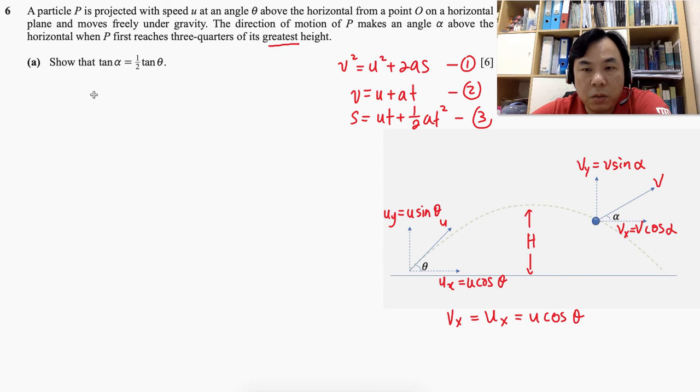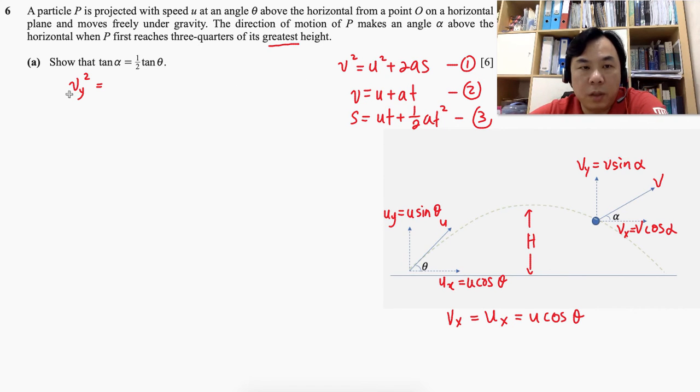My intention is to find the maximum height. Now, in the exam, it's better to write down the y component because we are interested to evaluate its maximum vertical component of the height. Therefore, in this equation, every component of the velocity and acceleration must refer to the vertical component.